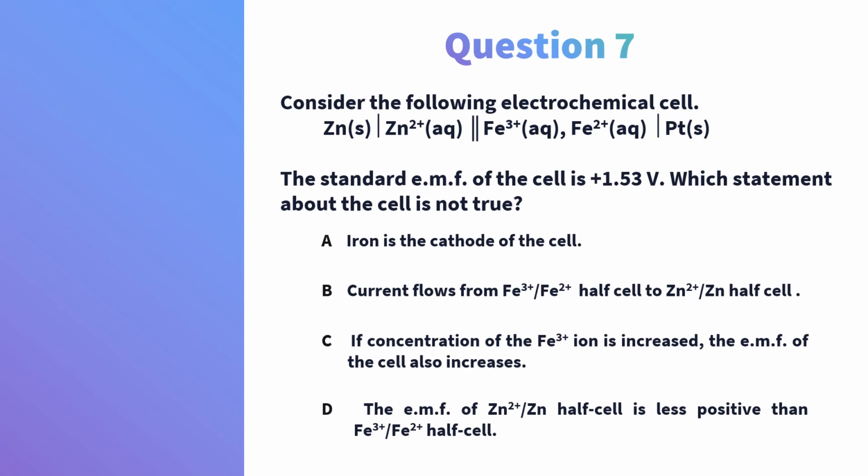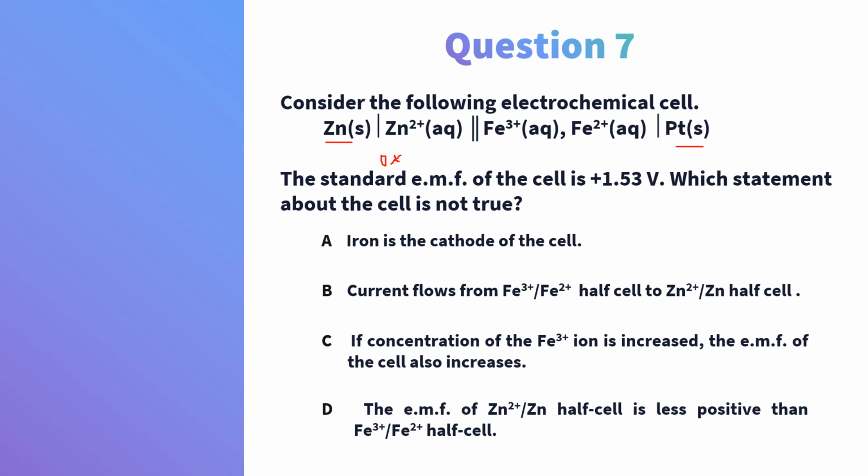Okay, which is not true for the cell diagram. So, iron is the cathode of the cell. So let's look at the cell again. So the electrode is at the end of the cell. Okay, so the oxidation is here in this electrode.